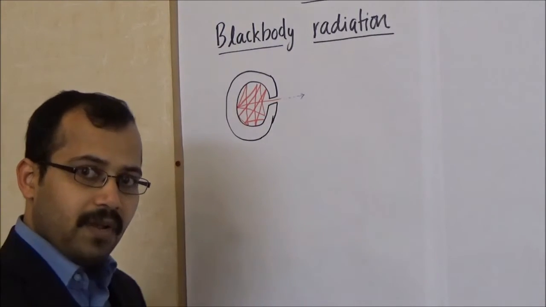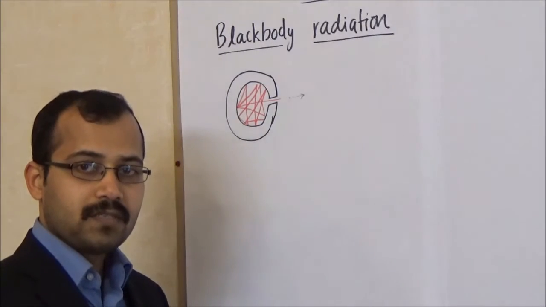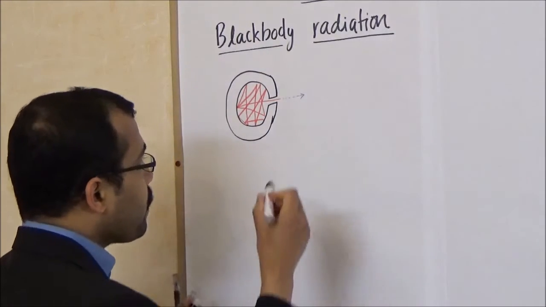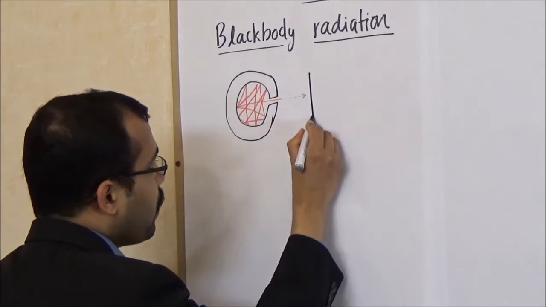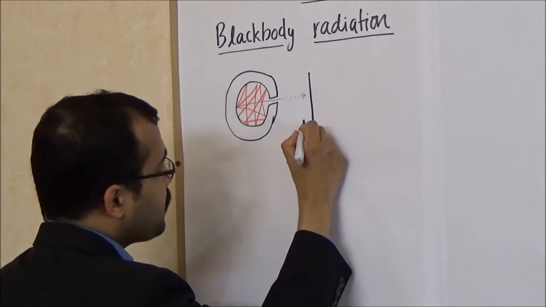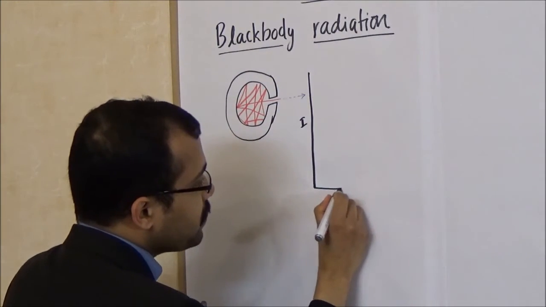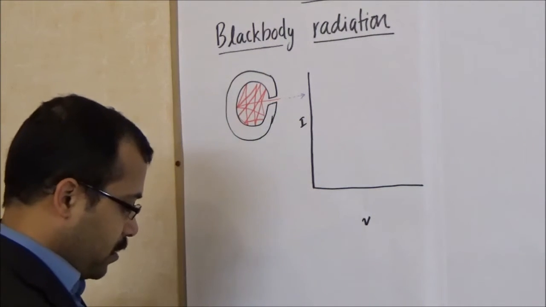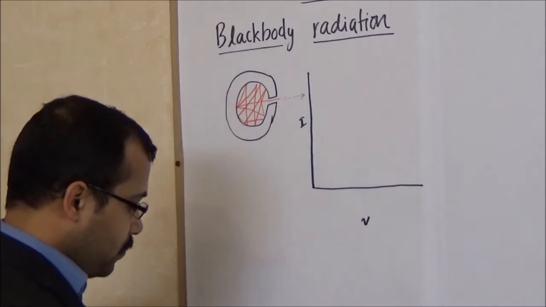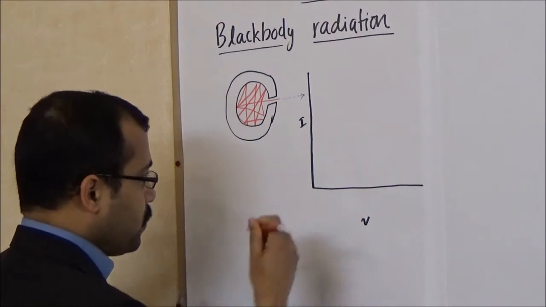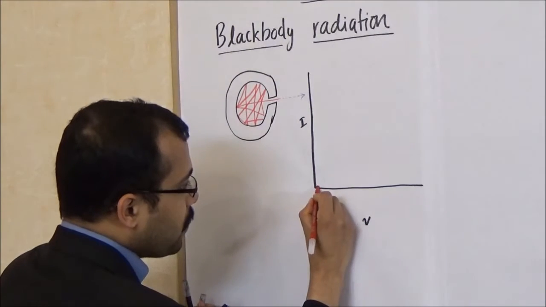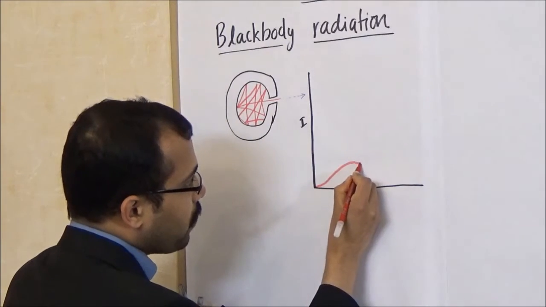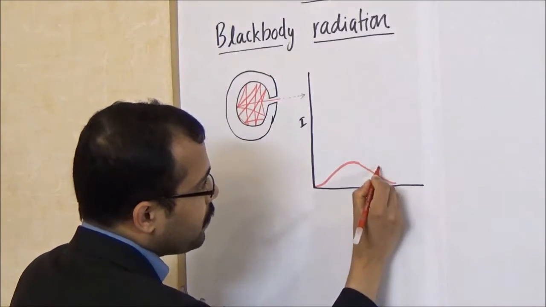Now, let's have a look at the plot of the intensity versus frequency of the blackbody radiation. I am taking intensity I in this axis and frequency nu in this axis. This is a plot of the intensity versus frequency for a particular temperature T1.